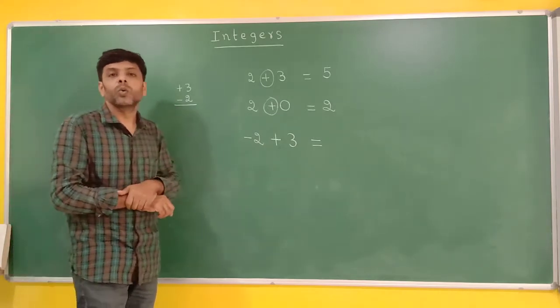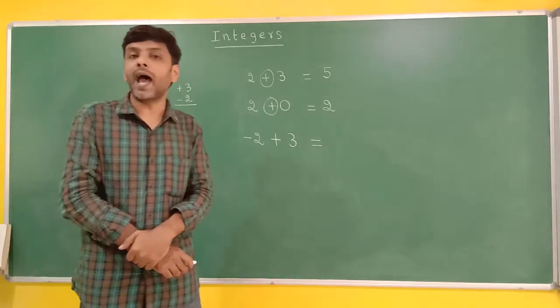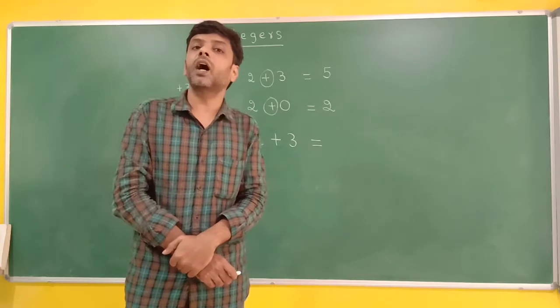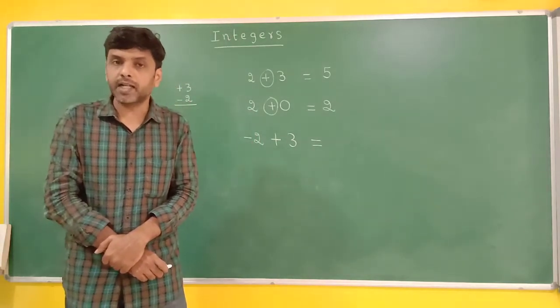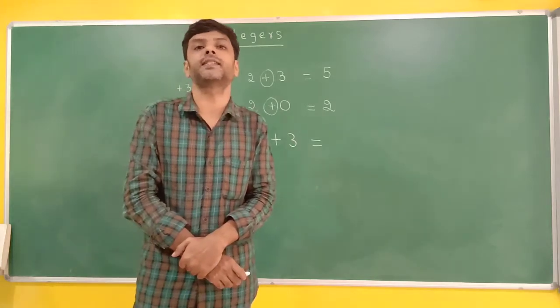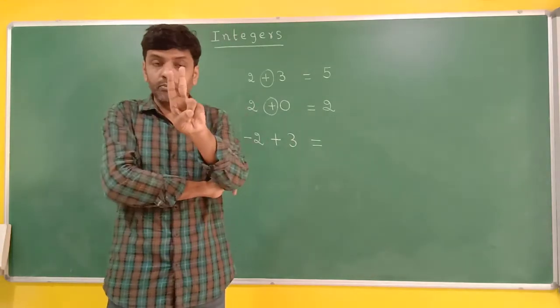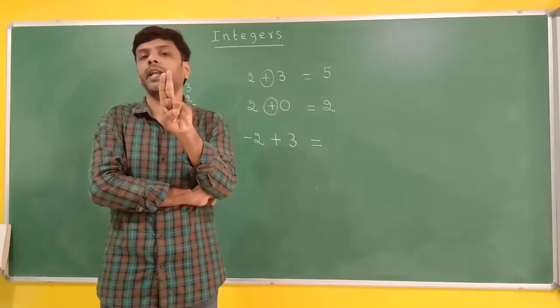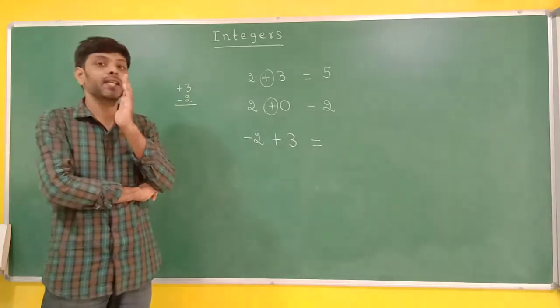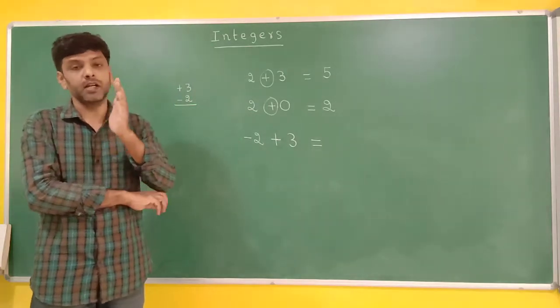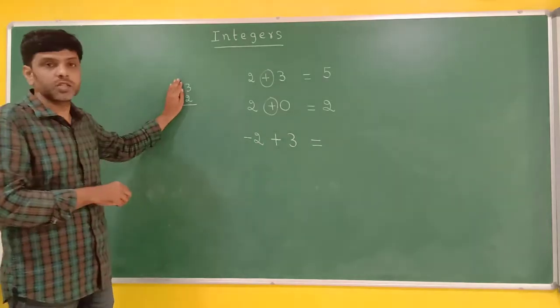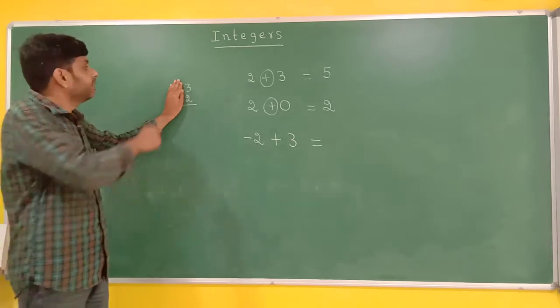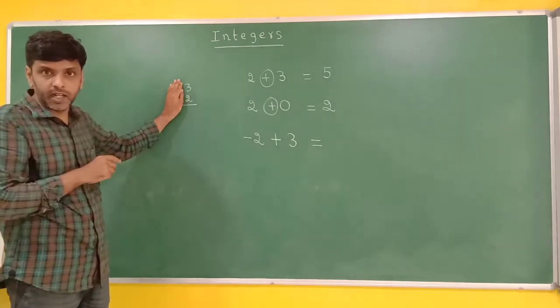Now do you remember how to add numbers when they are of opposite sign? When two numbers have opposite signs, they should be subtracted. It is also addition, but here we should subtract. First you ignore the signs. From the bigger number subtract the smaller number.